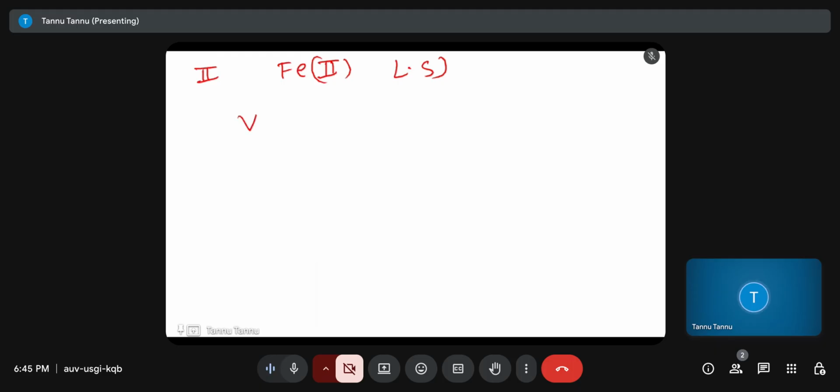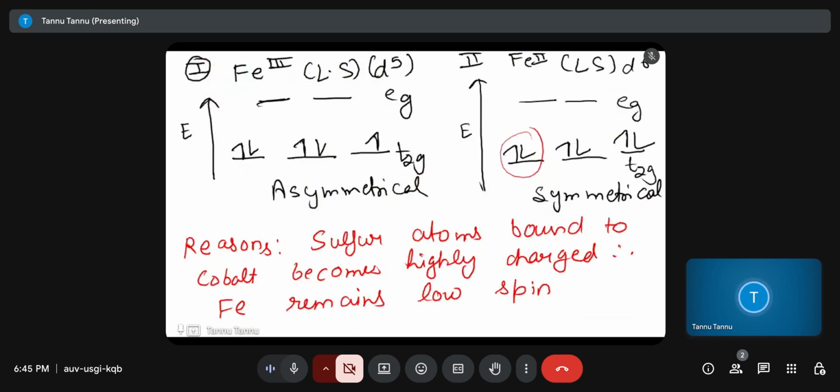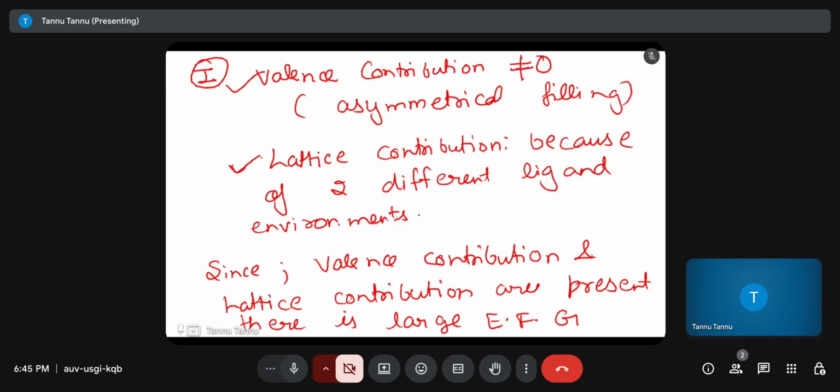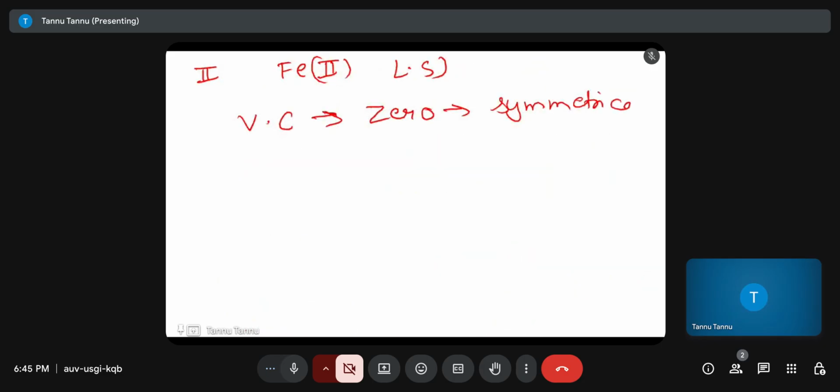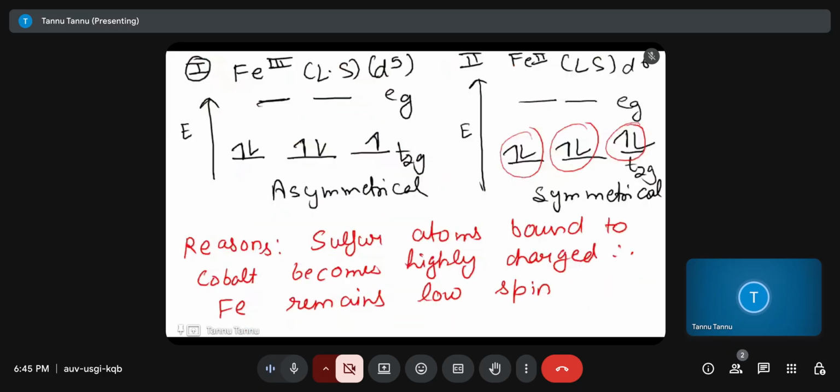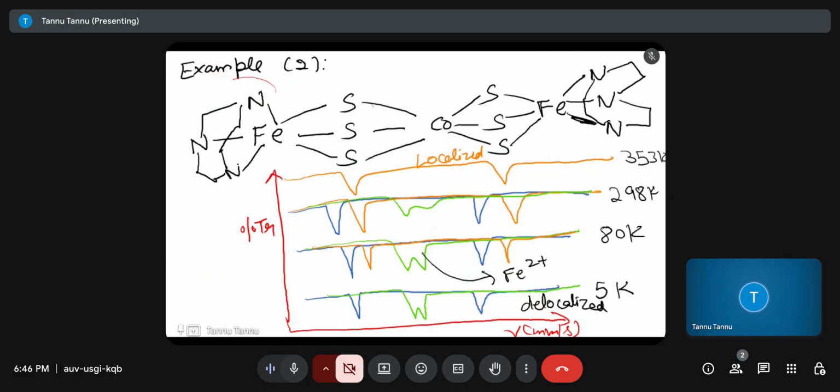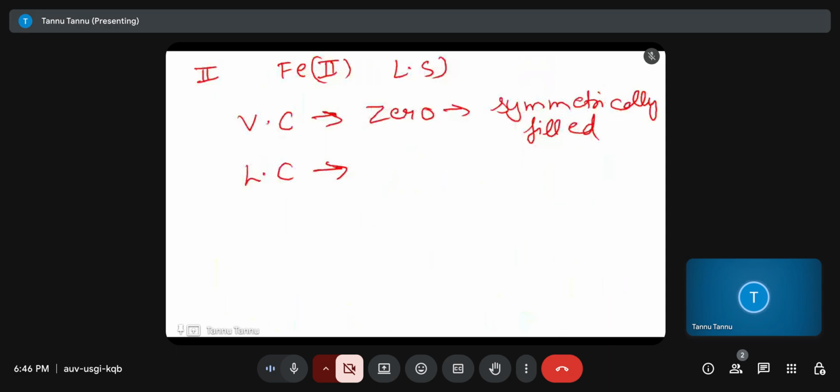And when you have the second case, Fe2+ low spin, first if you check the valence contribution, it is going to be 0 because of symmetrical electron filling. As you can see here, the electrons are symmetrically filled in t2g orbitals. So valence contribution is 0. What about lattice contribution? Since in the complex there are two ligand environments, that is, it is bound to this ligand scaffold, and here with the sulfur atoms, the ligand environment is different.